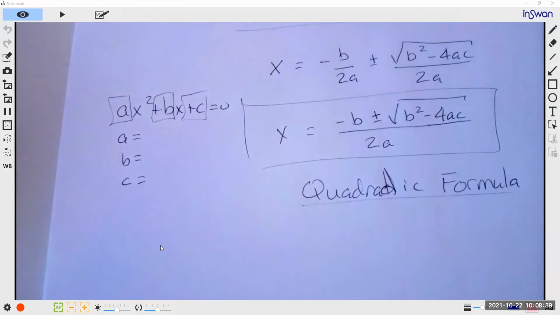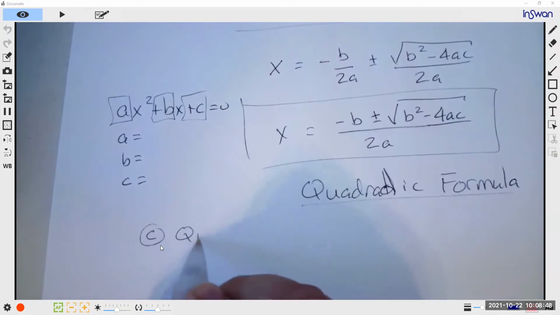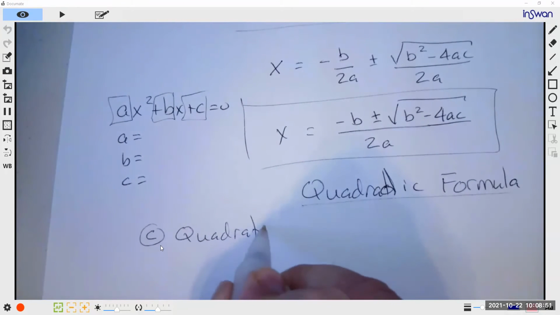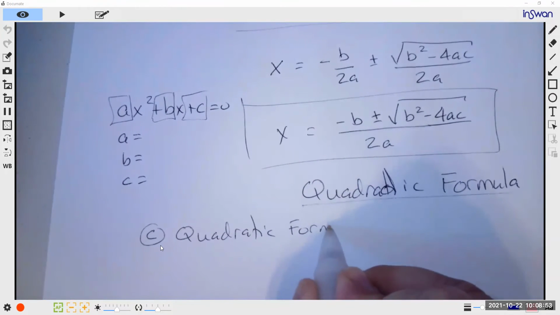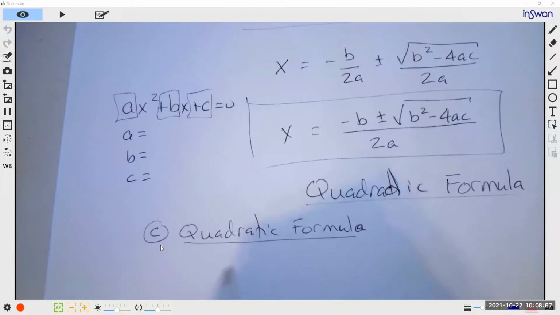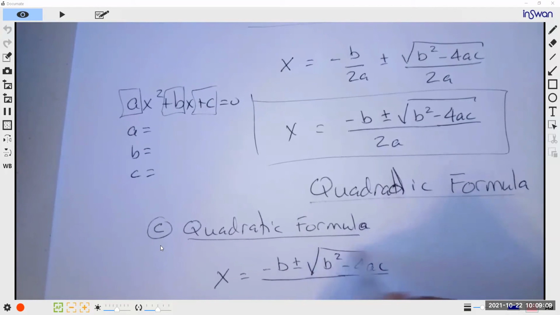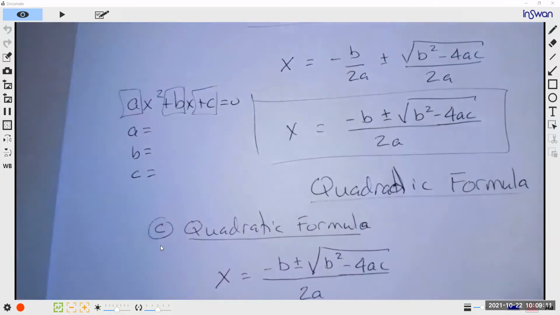I'll show you when we look at it. So this is the third part, the quadratic formula. X is equal to negative b plus or minus square root b squared minus 4ac over 2a.